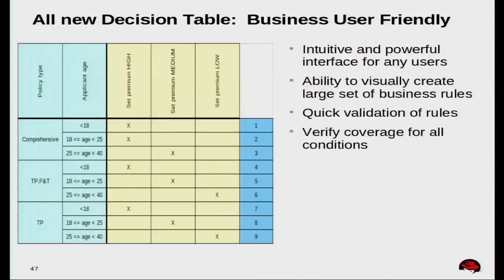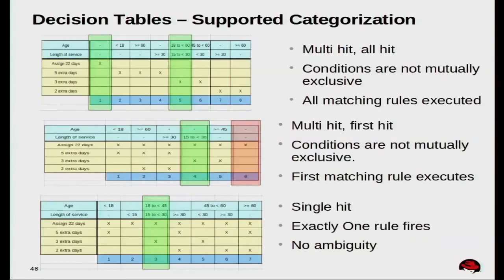All right, so here's an example of a decision table. Again, policy information, so it's calculating information based on different application ages and different performance, stuff like that. We have different versions of this. We have the all hit, so it's going to go through and could hit all of them. All the rules could fire.